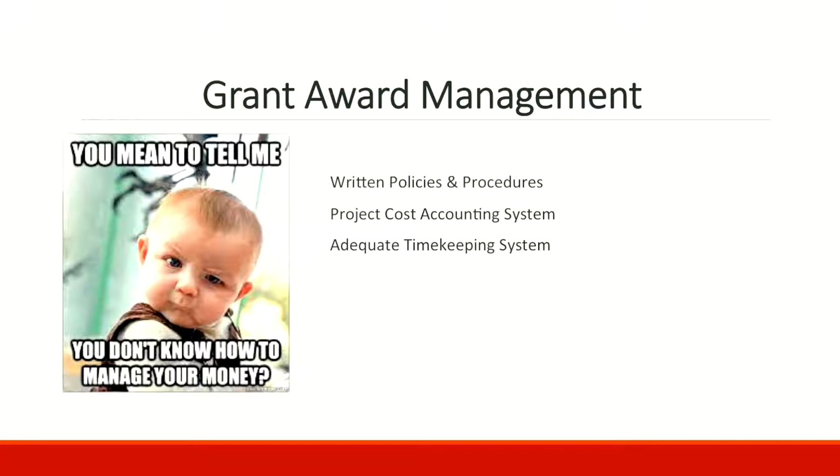So once you're given this federal money, there are three things that you need to keep in mind. The first one is that you need to establish a written policies and procedures manual. The second one is that you need to have a project cost accounting system. And the third one is that you need to have adequate timekeeping. And we're going to go over this briefly.